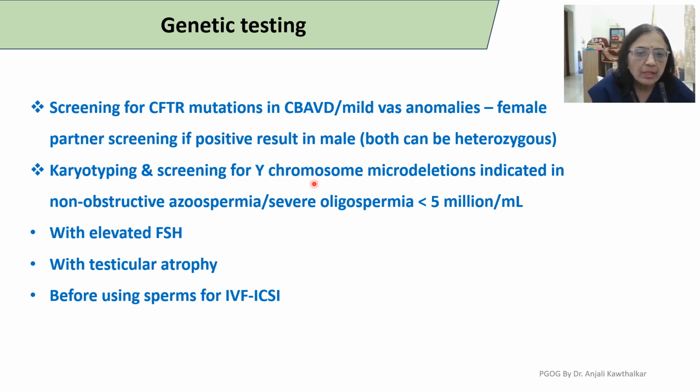Karyotyping doesn't detect Y chromosome microdeletions, but testing for these is indicated whenever there is non-obstructive azoospermia or severe oligospermia with sperm count less than 5 million per ml, associated with elevated FSH and testicular atrophy, and whenever we want to use the sperms for IVF ICSI, then we need to rule out the presence of Klinefelter syndrome or Y chromosome microdeletions.